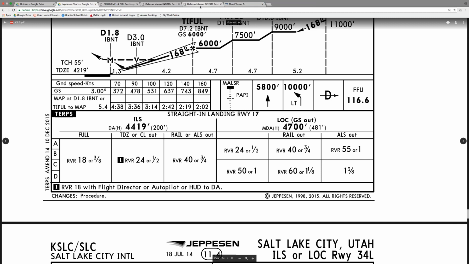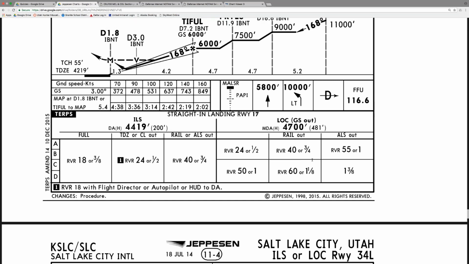So just before we leave that topic, the MDA is mean sea level. DA, is that AGL? Sorry, say again. So is the decision altitude AGL if MDA is MSL?